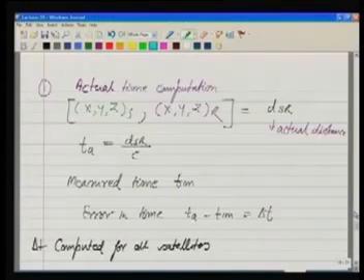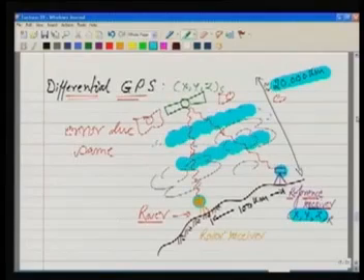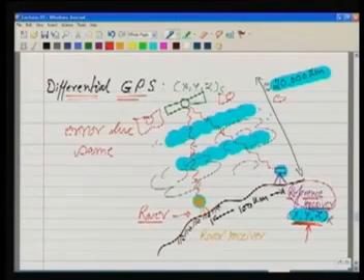How? First of all, we would like to compute the actual time. What is the meaning of this? The meaning is, because we know the actual position or location of the reference receiver, what we can do using this actual position or the actual coordinates, this receiver also knows where the satellite is.